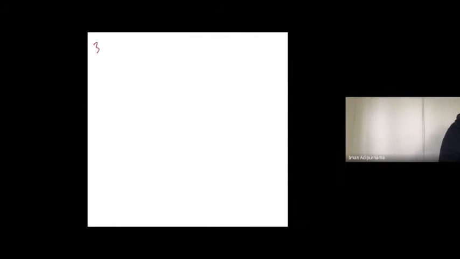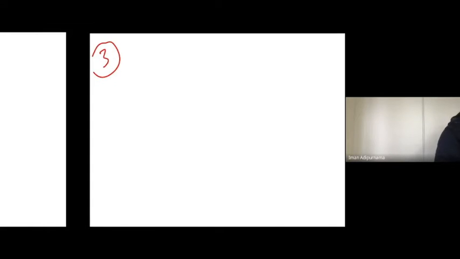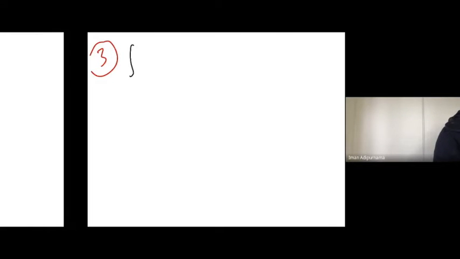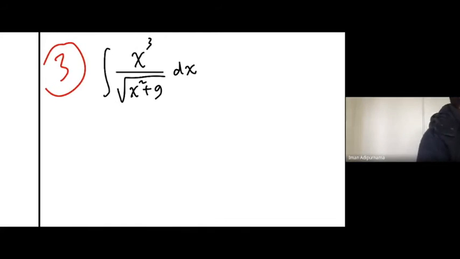So the third one is, you have x squared plus a constant. Before it was constant minus x squared, now x squared plus a constant.